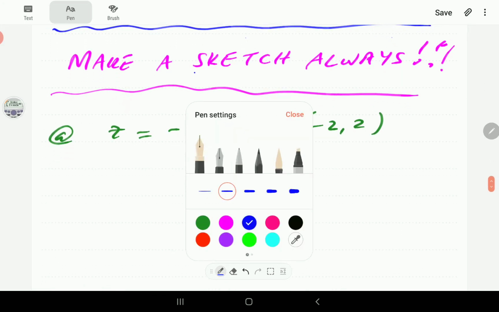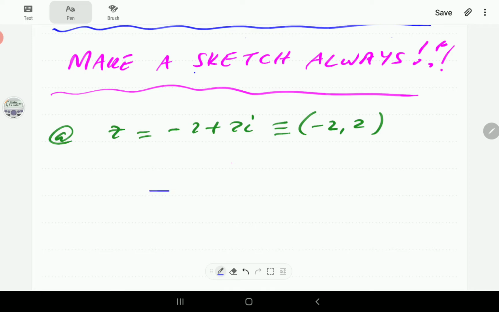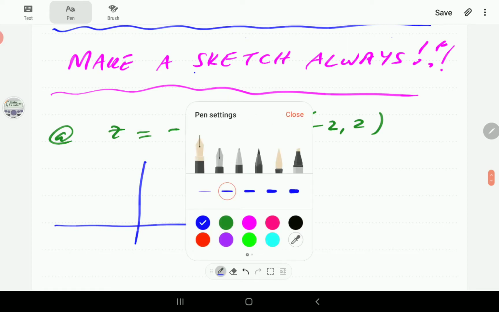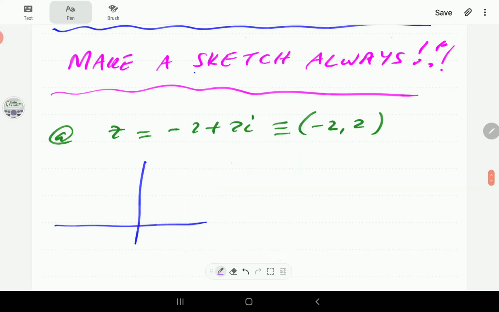This point is in quadrant number 2. So we're going to make a sketch. The complex number we're dealing with is going to be somewhere there. This side is negative 2 and this side is 2. So r is going to be that distance there.